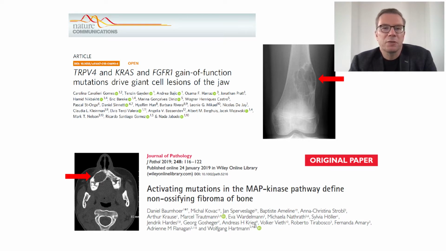And in the case of giant cell lesions of the jaw and also non-ossifying fibromas of the bone, more recently the involvement of the MAP kinase pathway as mosaic lesions has been shown.